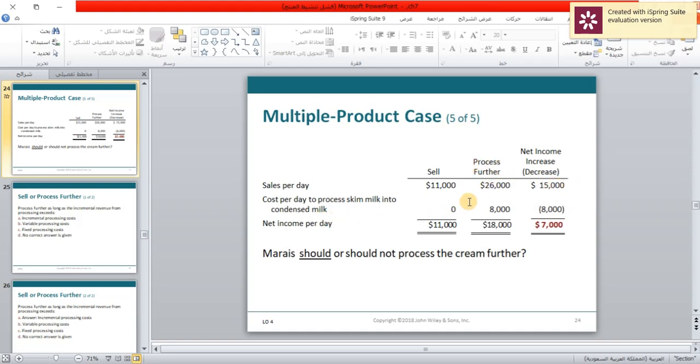But the cost in the sale here is zero, and the additional cost is 8,000. The net income per day will increase 7,000. So should Maris process the cream further? The answer is yes. It will process the cream further because it will increase net income 7,000.